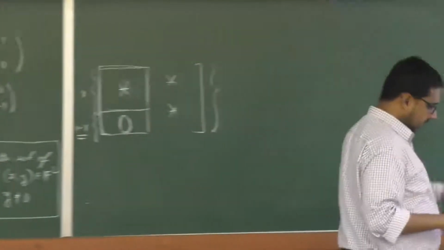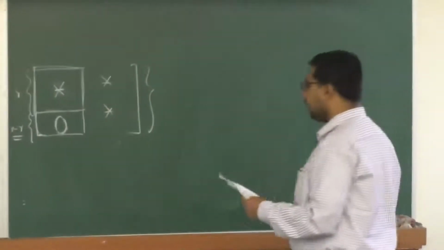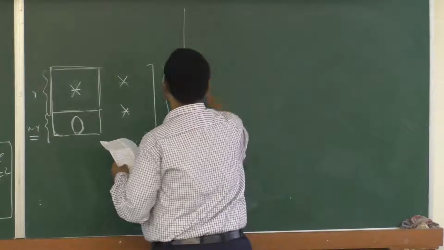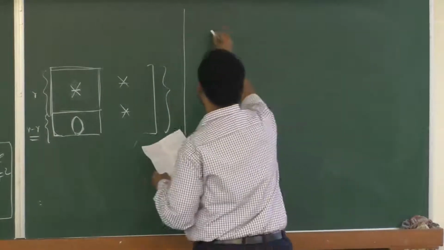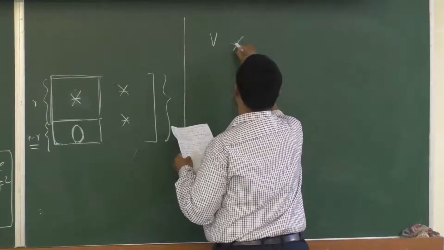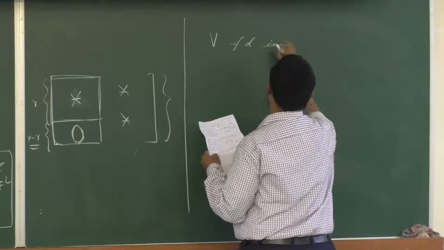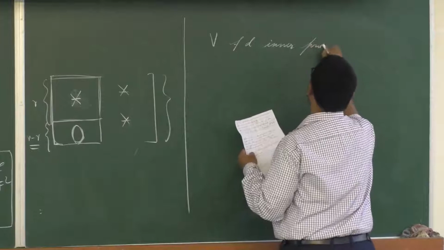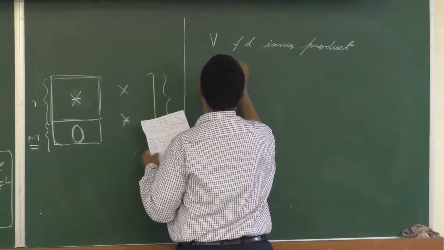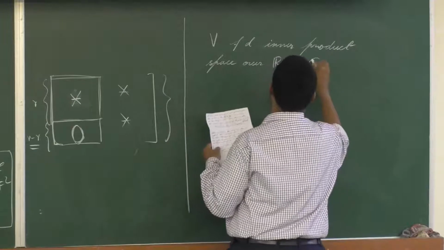So the action of the general linear group and special linear group is already covered. Now I think it's a better idea to go for the orthogonal groups. So from now onwards, let's assume that V is a finite dimensional inner product space, over R or C, so a complex or real inner product space.